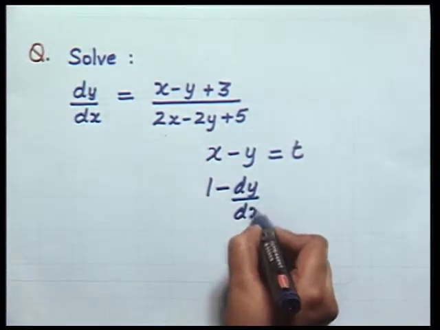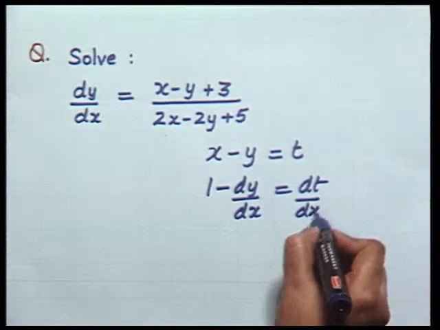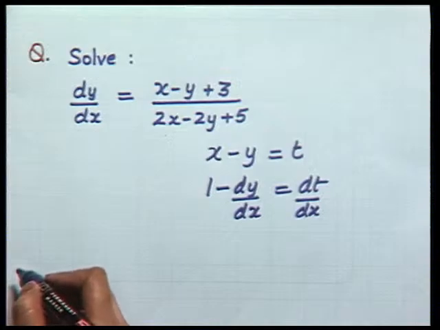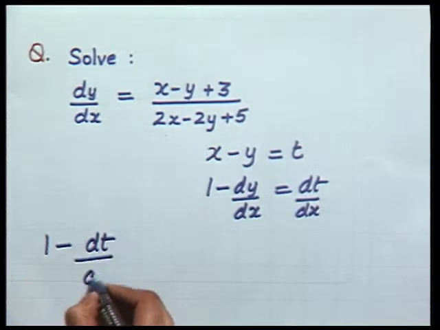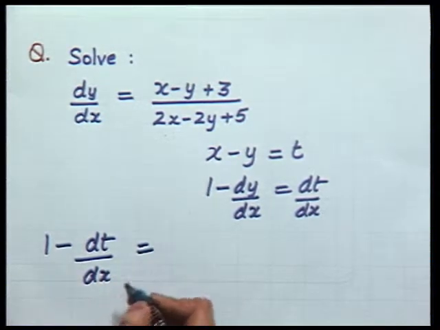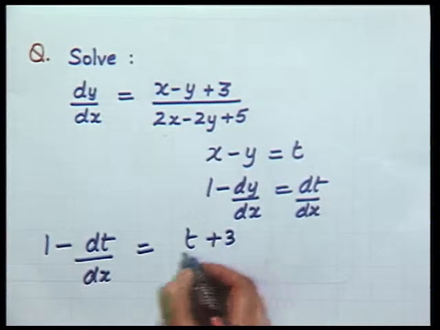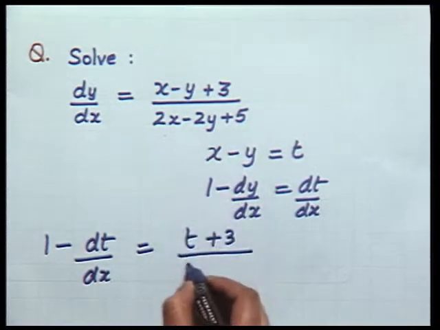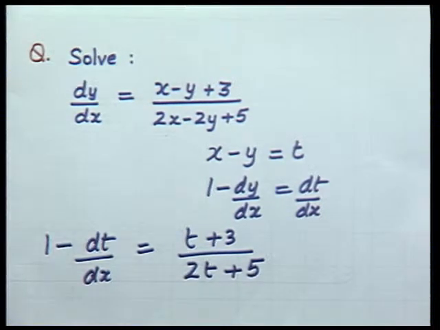You have to replace that. So, differentiating, you can have dy by dx turning out to be 1 minus dt by dx. So, your equation will be 1 minus dt by dx is equal to x minus y is t. So, it is t plus 3 by 2x minus 2y will become 2t plus 5.